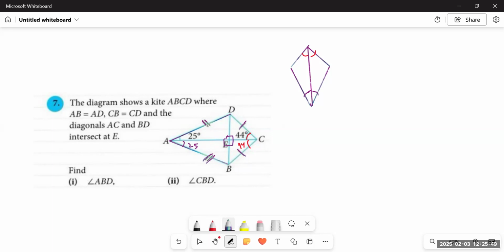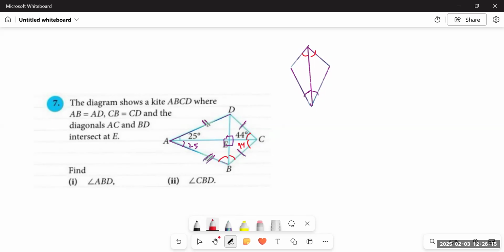Now we can say that in each of the triangles ADE, DEC, CEB, and ABE, in all four triangles, we have found two angles in each triangle. Now we have to find out angle ABD. This angle is ABD, which we have to find, and CBD.